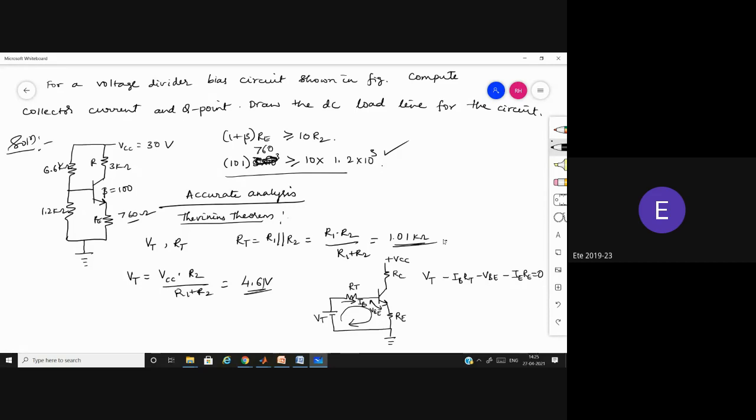Since we want IB, rewrite IE in terms of IB: IE is equal to IB into (1 plus beta). So on rearranging, we get IB is equal to VT minus VBE divided by RB plus (1 plus beta) into RE. Tell me the value for this.